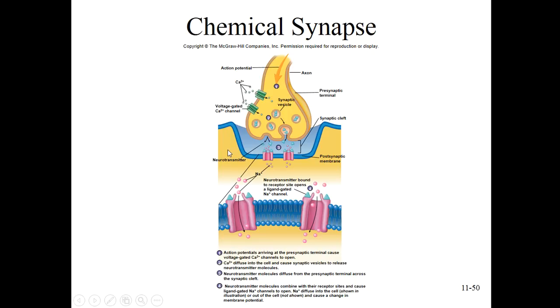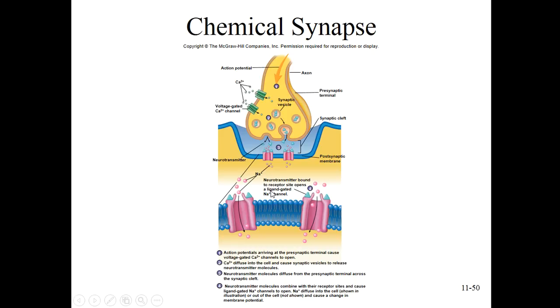The cell on the other side of the synaptic cleft is called the postsynaptic neuron, and if it wants to pick up the whiff of the chemical, it has to have a receptor. And in this case, the receptors are the end of a larger structure, a doorway, called a ligand-gated sodium channel, or ligand-gated sodium channel, if you prefer that pronunciation.